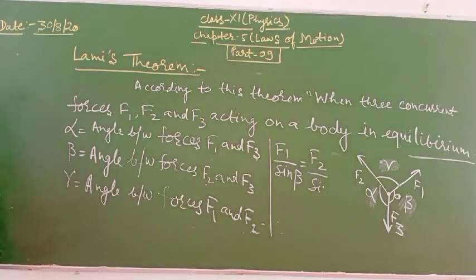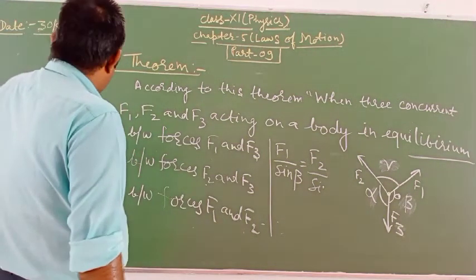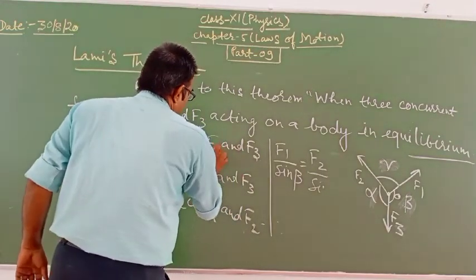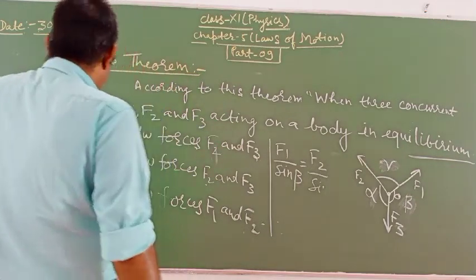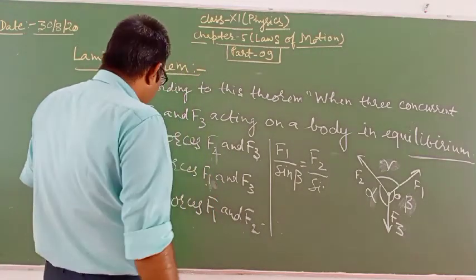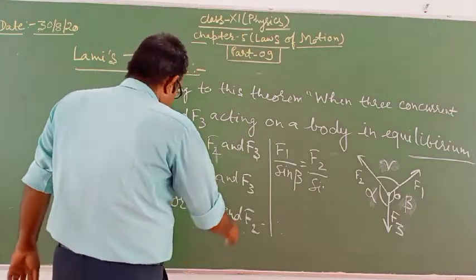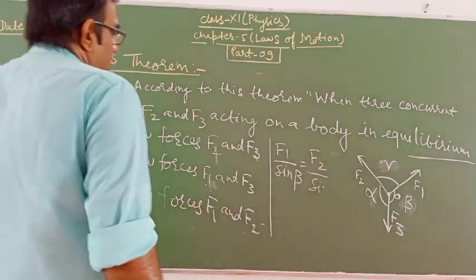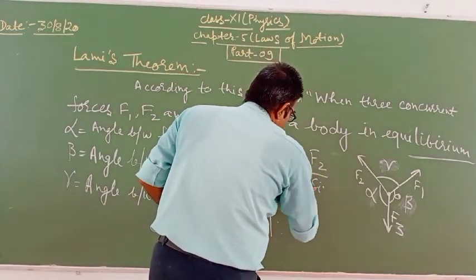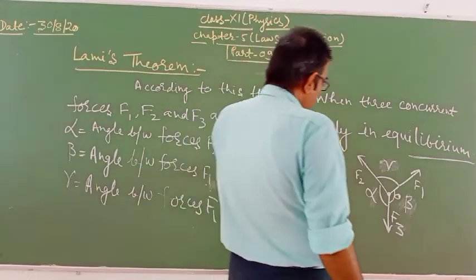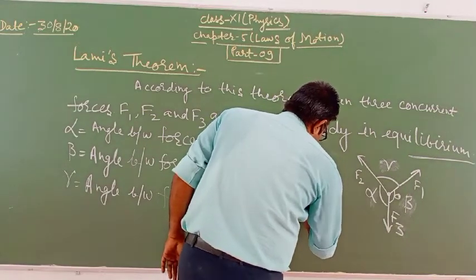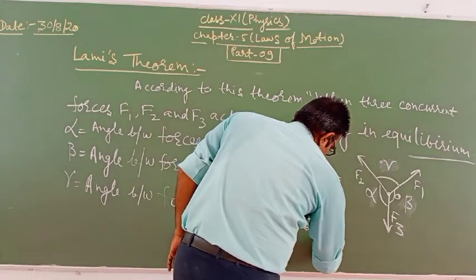Clear? So alpha is the angle between F2 and F3, beta is the angle between F1 and F3, and gamma is the angle between F1 and F2. So we can write F1 upon sine alpha, F2 upon sine beta, and F3 upon sine gamma.